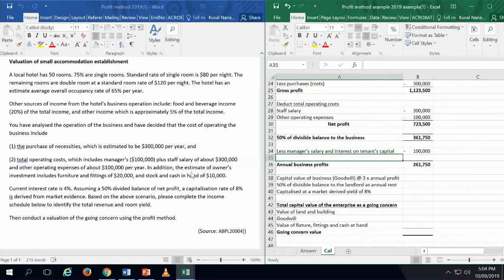In addition, the estimate of owner's investment includes furniture and fitting 20,000 and stock and cash in hand 10,000. So if the tenant put this capital and money into the business, he is allowed to charge interest. The interest rate is 4%. So what's the total amount? 30,000.